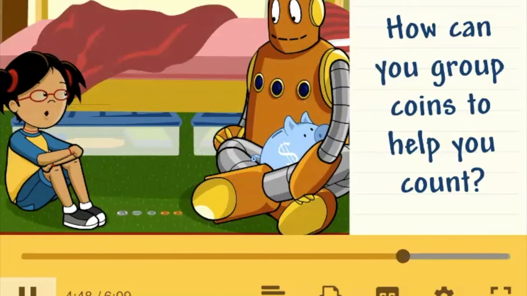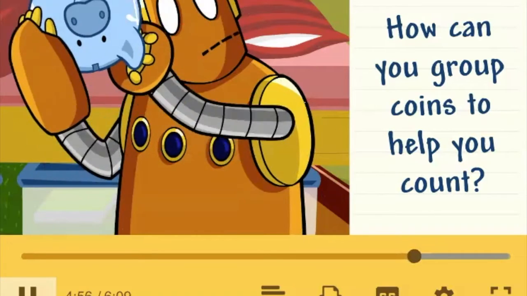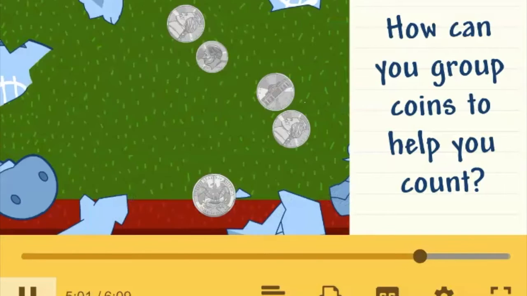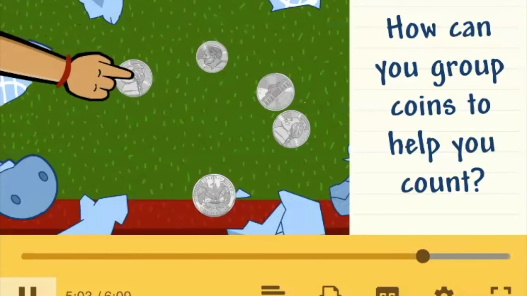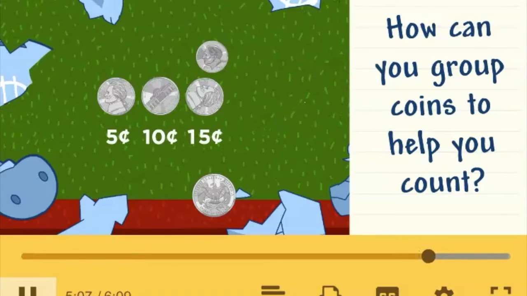Right, Moby. You can combine a few coins to make an easy number to work with before you add other coins. I can skip count the nickels first. 5, 10, 15 cents. Now it's easy to add on the dime to get 25 cents.